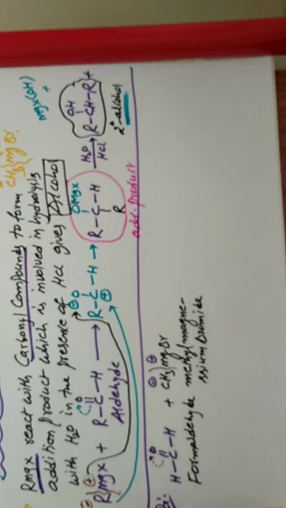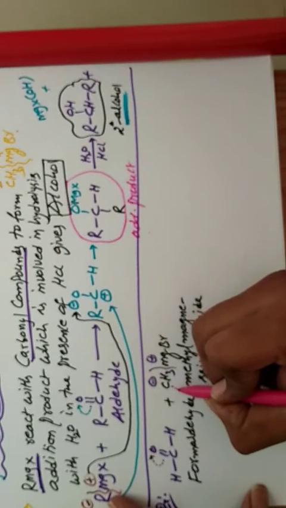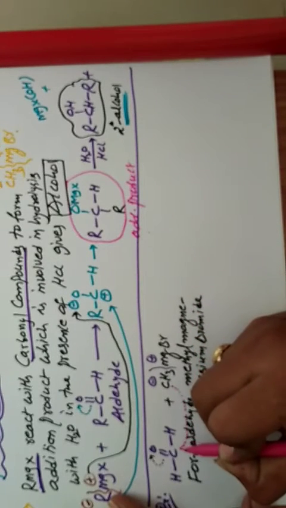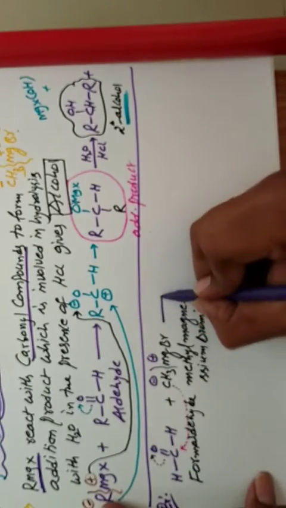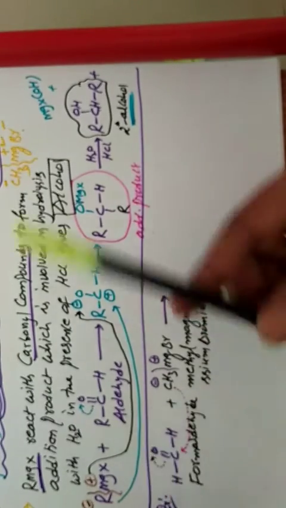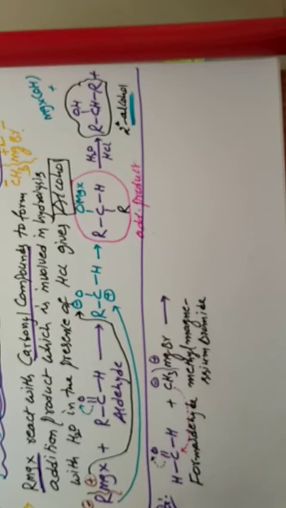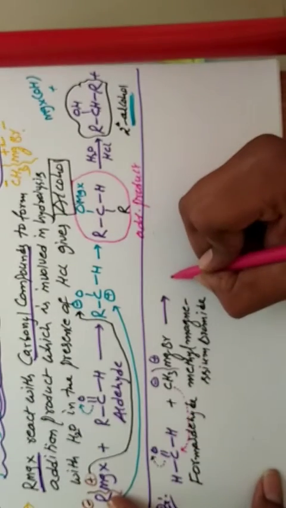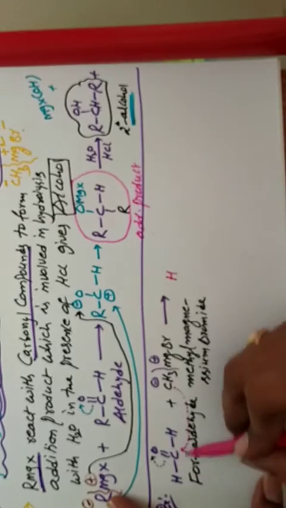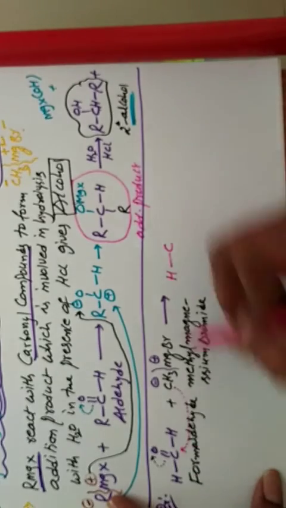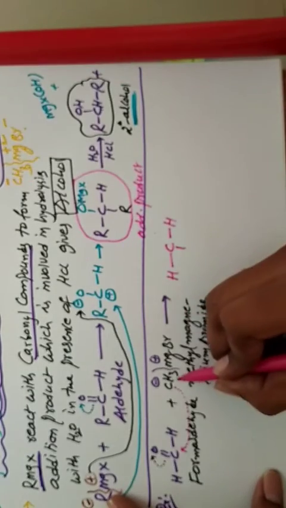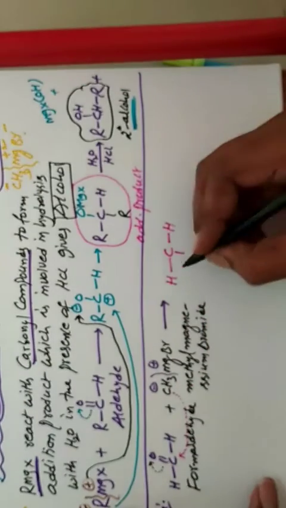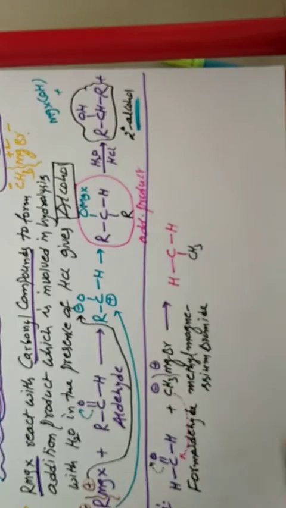That means this CH3 group is attached to this carbon. Then what happens? We are getting the H, yes or no? As it is carbon, H is already there. So this carbon is attached to this one, that's why CH3 is attached.